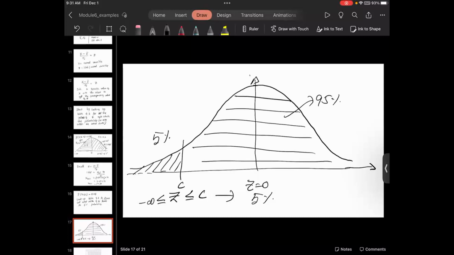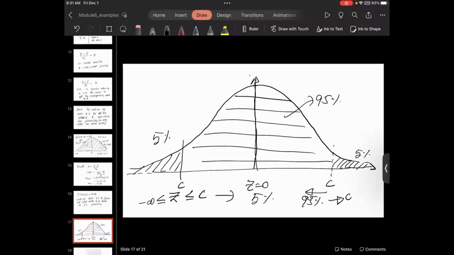So what is the trick I told you yesterday? Hold this like a pivot and flip the page, and you just have to project C back here so that this area is 5%. Or in other words, it's the same as asking what is everything else to the left of C, which is 95%. If you think about it, it's really the same problem.